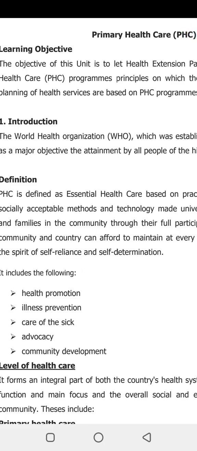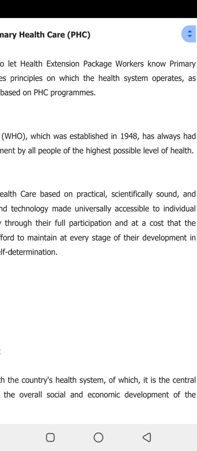Primary health care has been defined as essential health care based on practical, scientifically sound, and socially acceptable methods and technology made universally accessible to individuals and families in the community, and therefore participation, and at the cost that the community and country can afford to maintain at every stage of their development, in the spirit of self-reliance and self-determination.